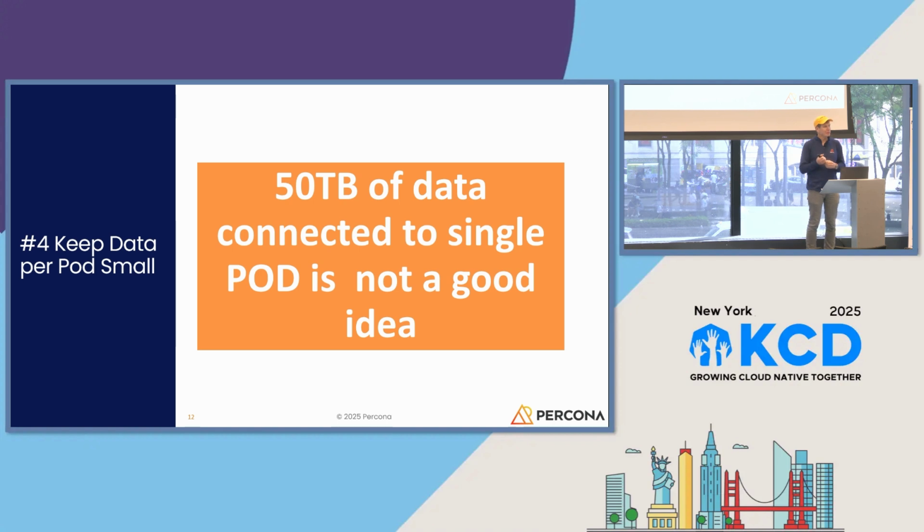Now, you also likely want to keep your data per pod relatively small, right? If you're saying, well, I have this single 50 terabyte database which is not sharded, well, maybe having that on Kubernetes is not a very good thing.